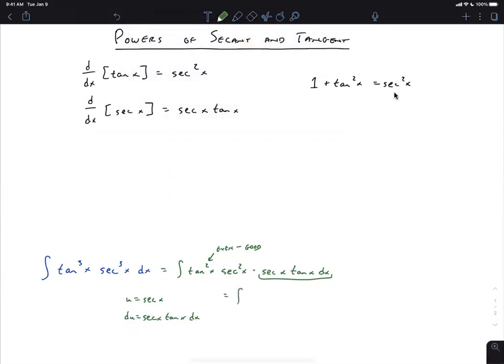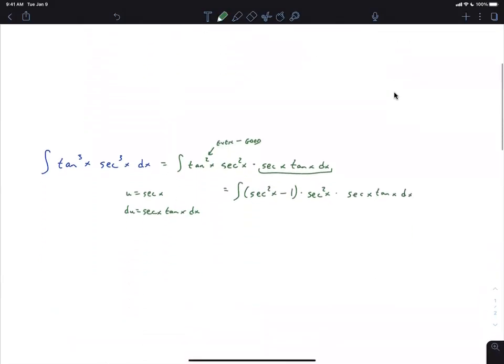So I can rewrite this as secant squared x minus 1 times secant squared x times secant x tangent x dx. And now this is the du still. So I've got u squared minus 1 times u squared times du. And now it's relatively straightforward, but does everybody follow it? Any questions to there?